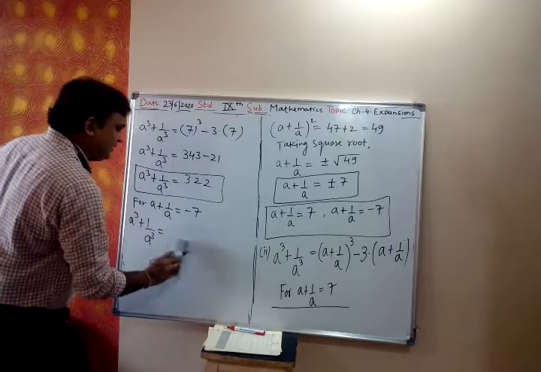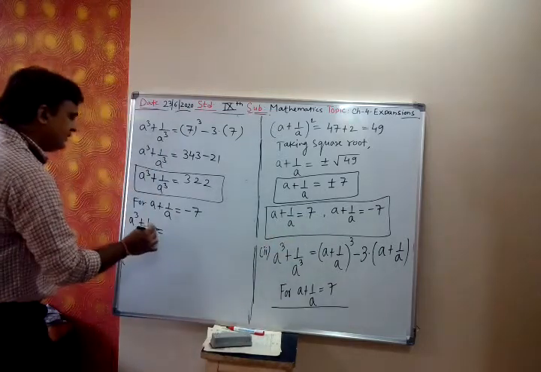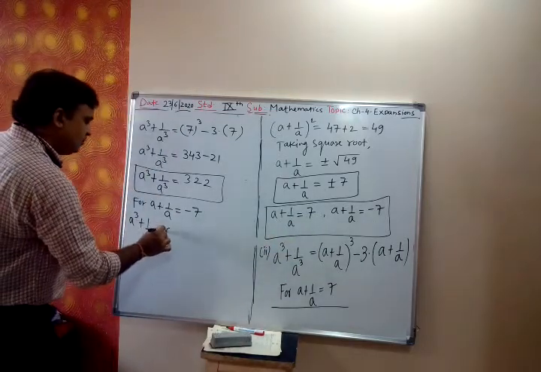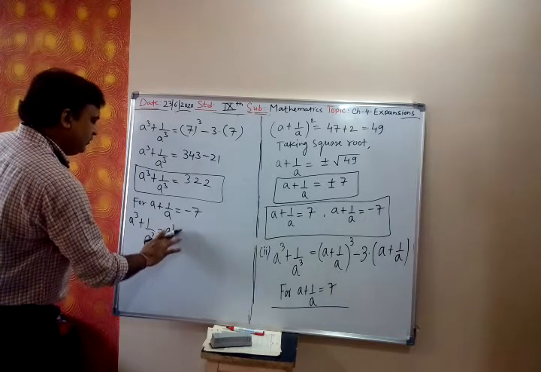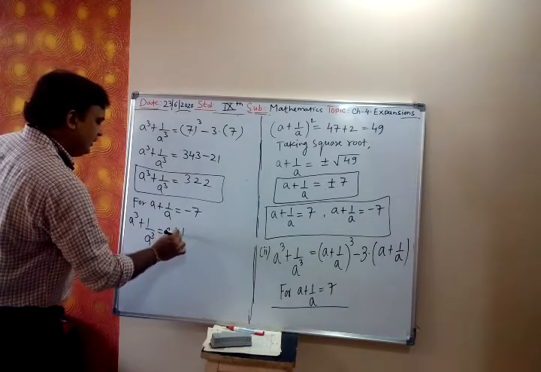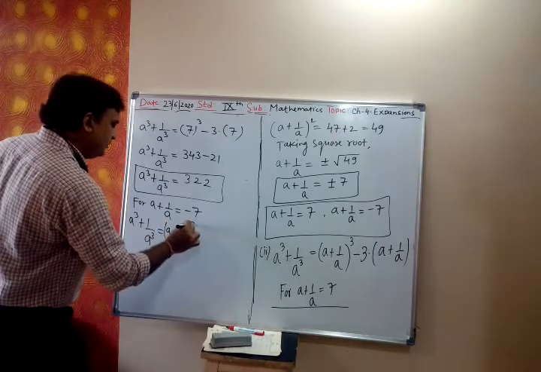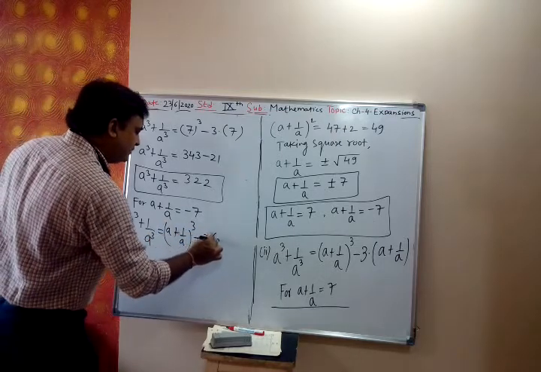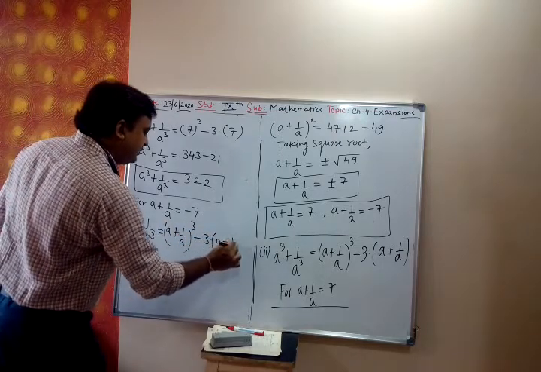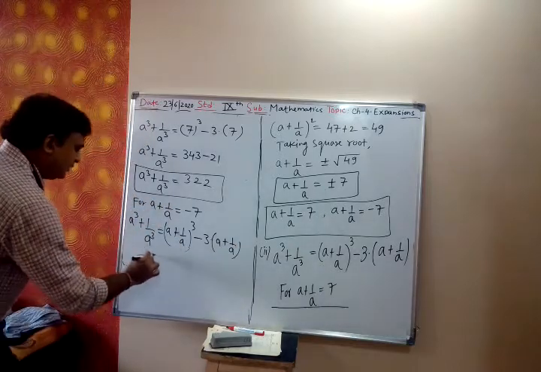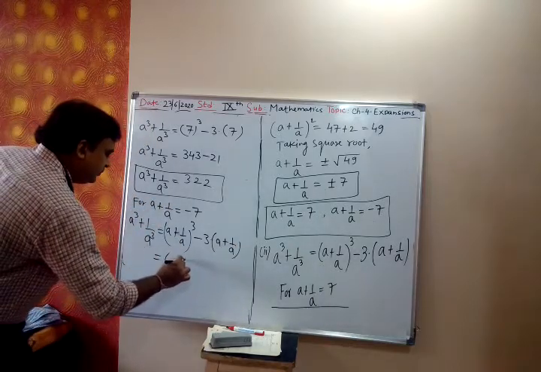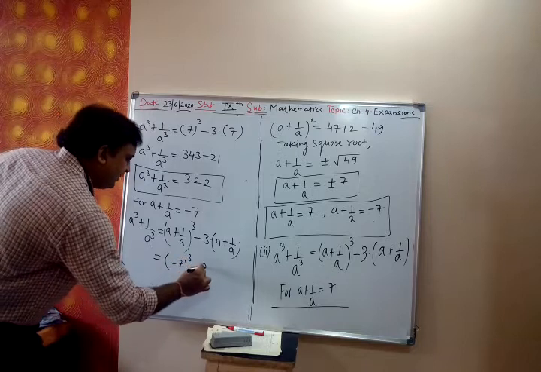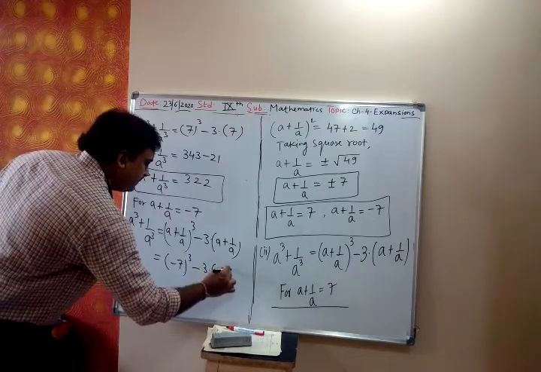Formula will not change. Same formula will be there: a plus 1 upon a whole cube minus 3 into a plus 1 upon a. Now a plus 1 upon a is minus 7. So this will be minus 7 cube minus 3 into minus 7.